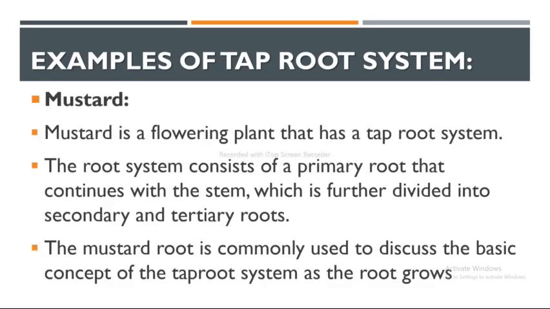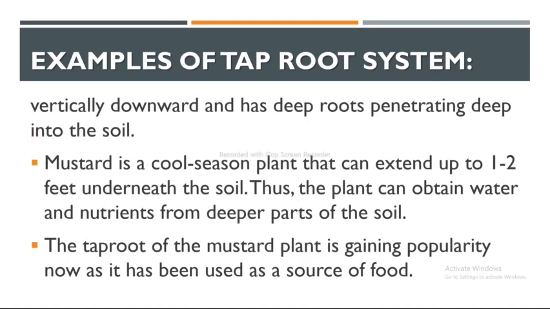So the next example of the taproot system is mustard. Mustard is a flowering plant that has a taproot system. The root system consists of a primary root that continues with the stem, which is further divided into secondary and tertiary roots. The mustard root is commonly used to discuss the basic concepts of the taproot system as the root grows vertically downward and has deep roots penetrating deep into the soil.